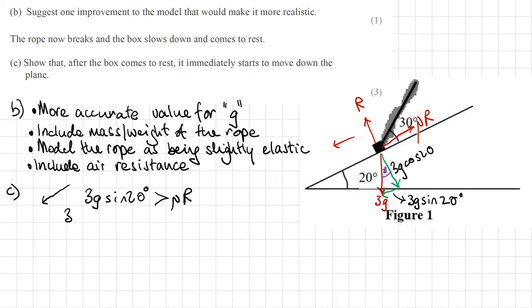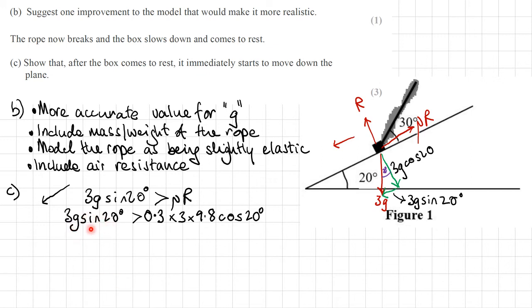Now we know that mu R is going to be the coefficient of friction, which is 0.3 times R, and R is going to be 3G cos 20, so 0.3 times 3G, 3 times 9.8 cos 20.